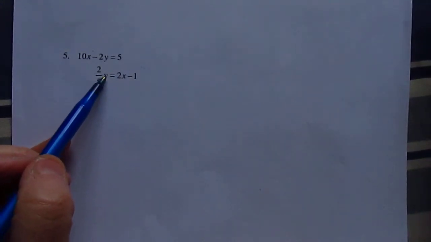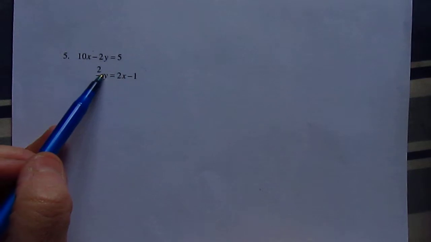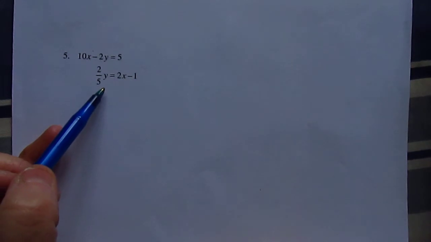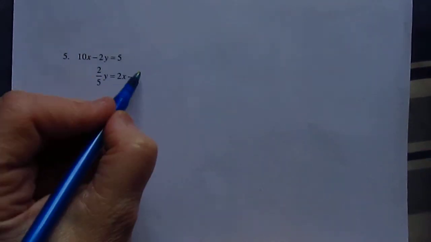Okay, it's almost set up for substitution, but not quite. I'm not liking this 5 down here. The first thing I have to do with y is double it. I'm not liking what I see.